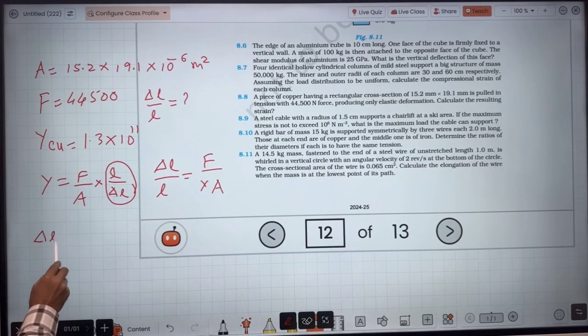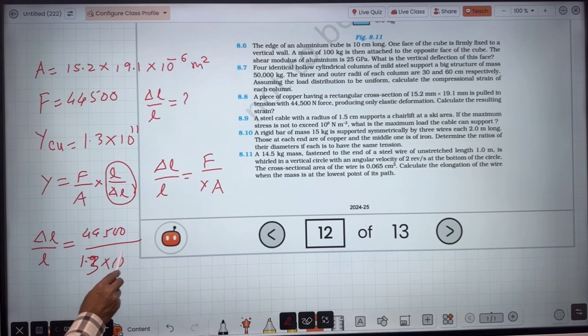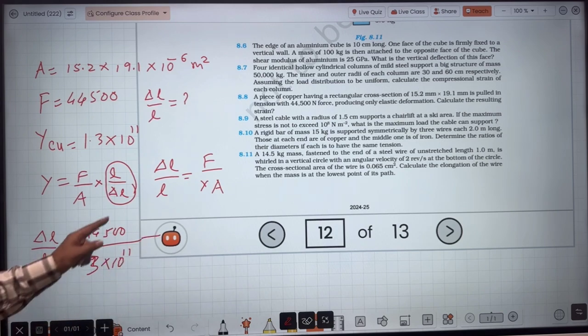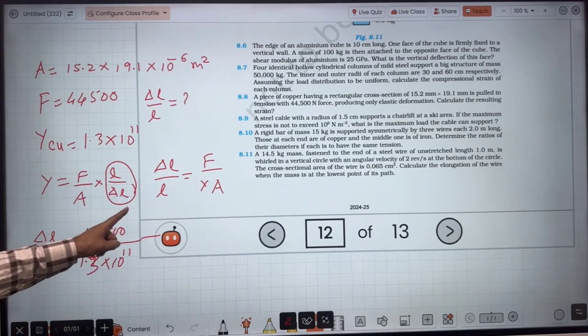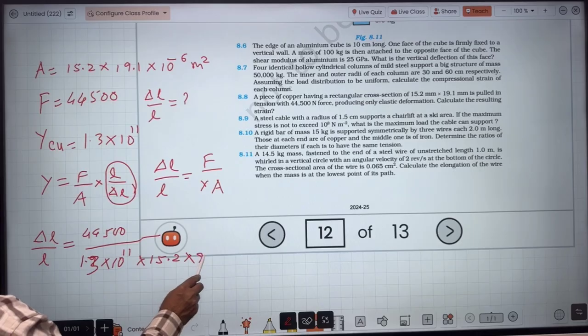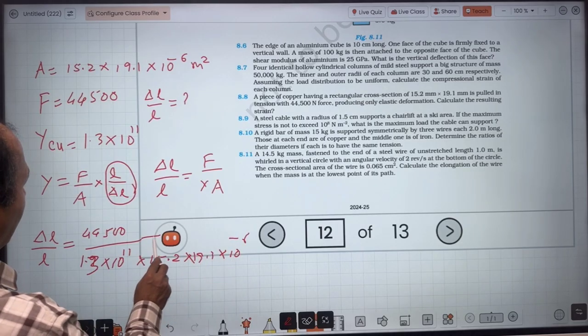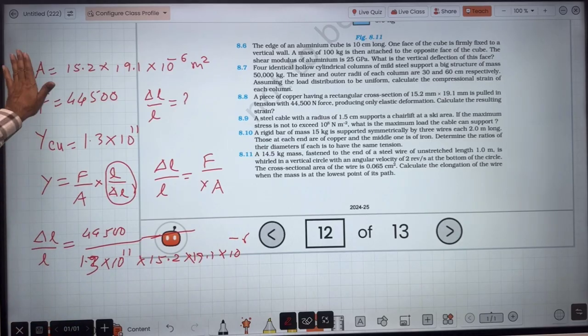Let's put the values. Delta L upon L is F upon Y into A. F is this much, 44500. Y is 1.3 into 10 power 11. Area is this much, 15.2 into 19.1 into 10 to the power minus 6. Now simplify.